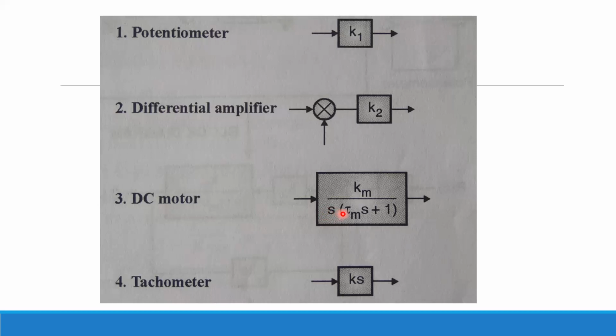Then the tachometer's transfer function is simply K into S. So these are the individual blocks. Now we have to arrange these blocks in a sequence. Like I said, the output of K1 will be the input for K2, the output of K2 will be the input for the DC motor, and the output of the DC motor will be the input for the tachometer, and its output will be given again to the differential amplifier. So this will get connected to this point with the help of a takeoff point.